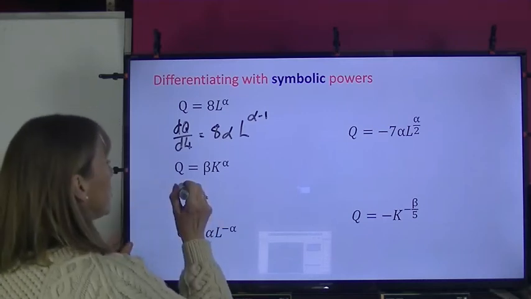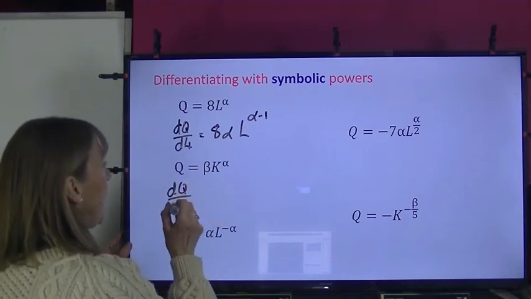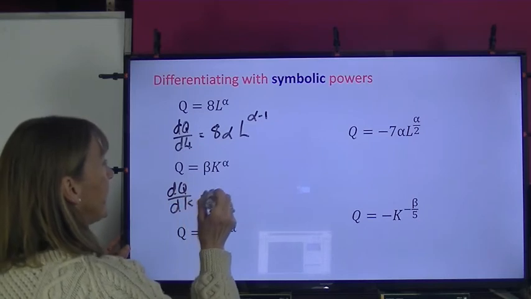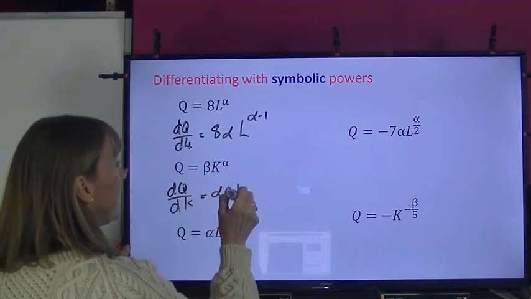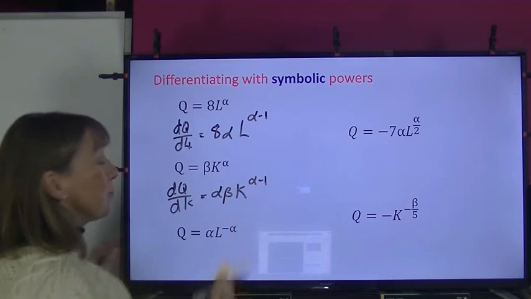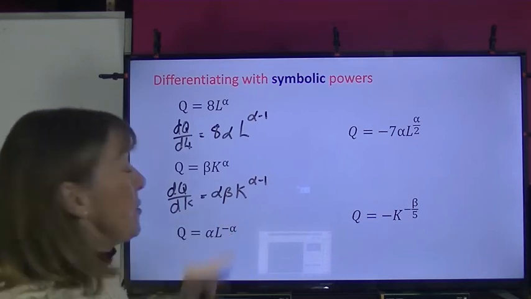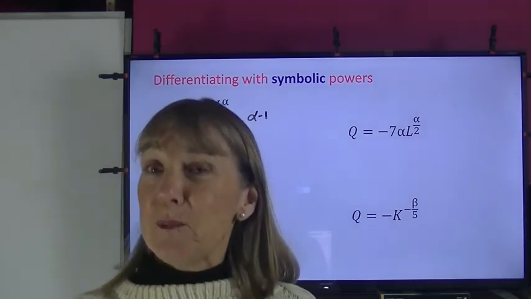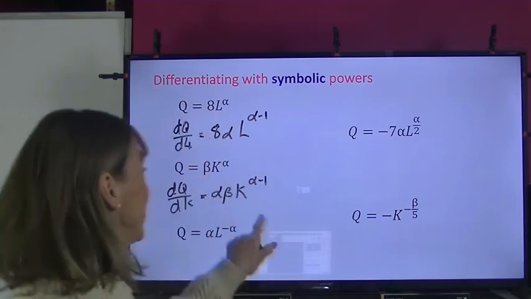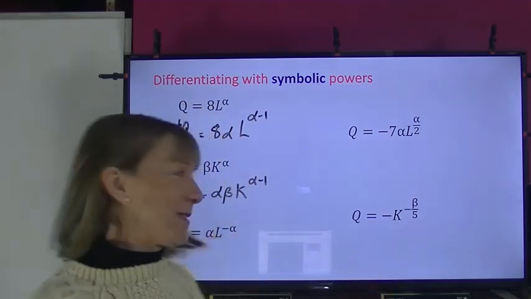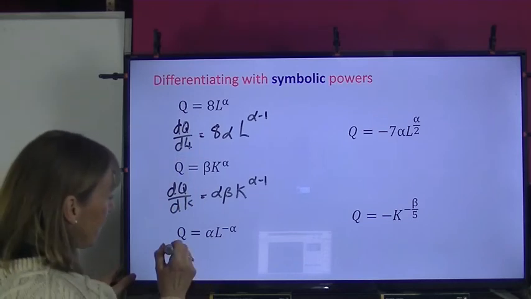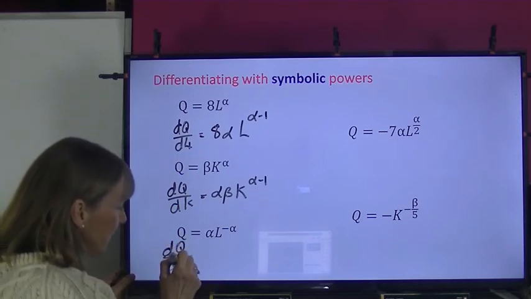So here we've got dQ by dK is going to be alpha beta K to the alpha minus 1. I switched those two around because I happen to know that alpha comes alphabetically before beta in the Greek alphabet, but it doesn't matter.